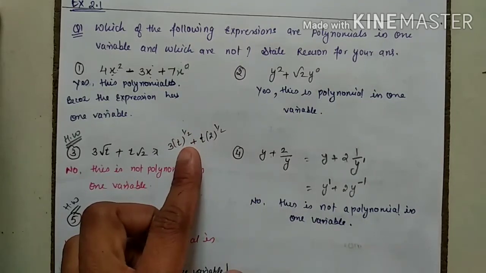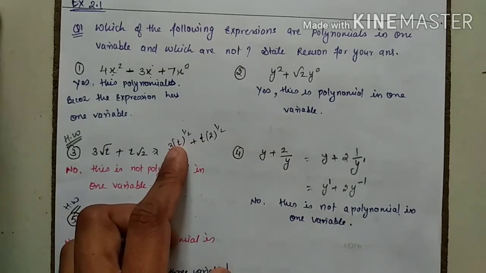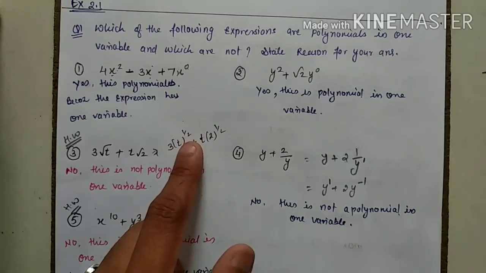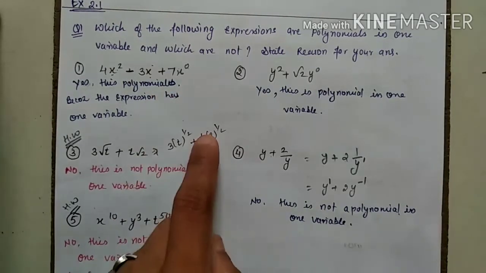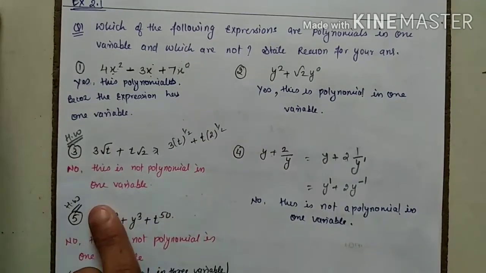It cannot be an integer, it cannot be any rational number, it cannot be negative. It should be a whole number. And what is a whole number? 0 to infinity, correct? 0, 1, 2, 3, 4. All the positive numbers including 0 are called whole numbers. And this 1 by 2 is not a whole number. This is a rational number. Because of this, the answer is no. This is not a polynomial in one variable.